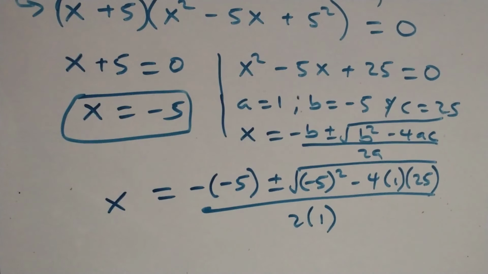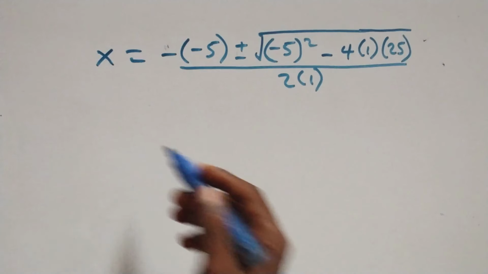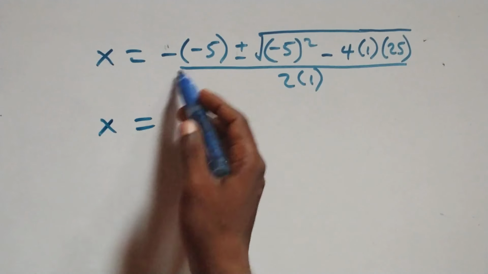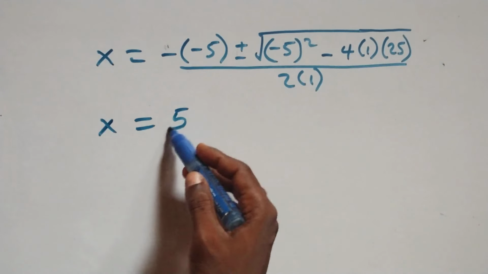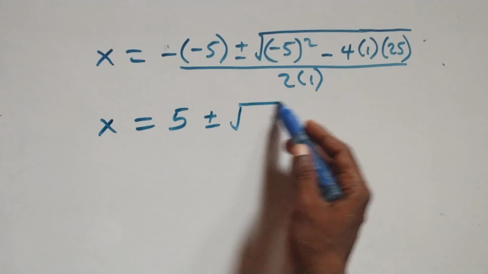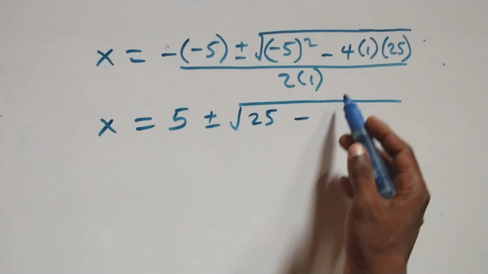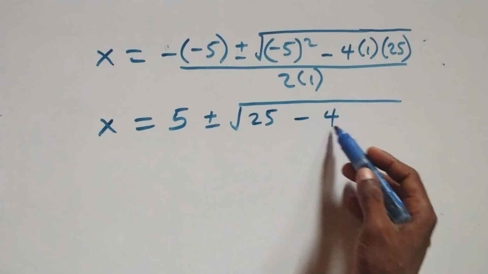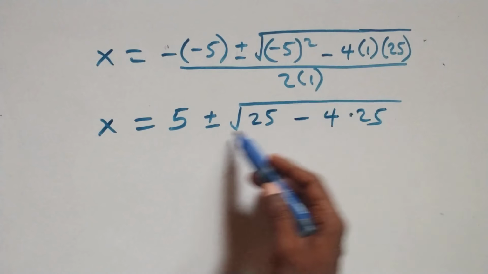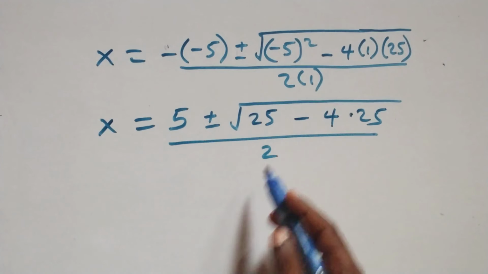Then here we have x equals minus times minus gives us plus, that's 5 plus or minus square root of minus 5 square, that's 25, minus 4 times 1 times 25. I still write it as 4 times 25, then all over 2.